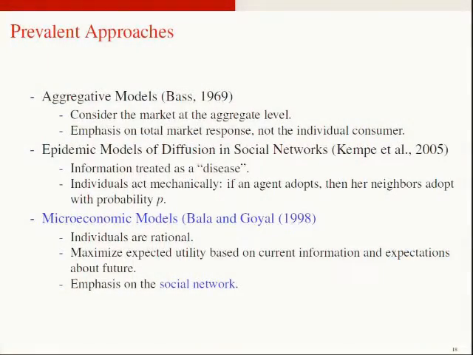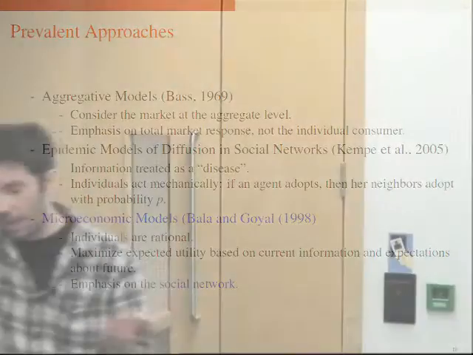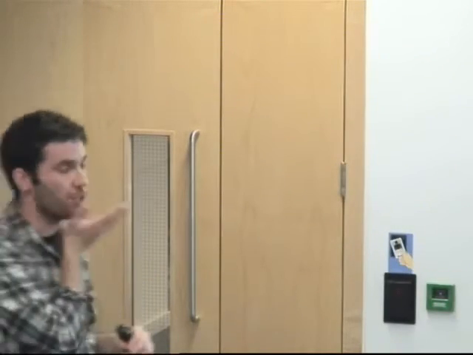Okay? So the fact that I know something means that you will know it with probability P. Okay? And this is a good first order approximation, but doesn't really model incentives of individuals and treats individuals as black boxes. Okay? And finally, there is a recent line of work on microeconomic models of information propagation.